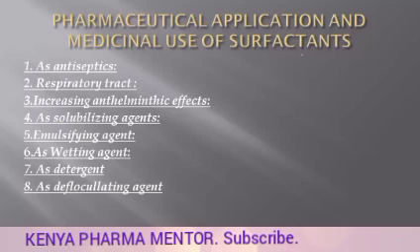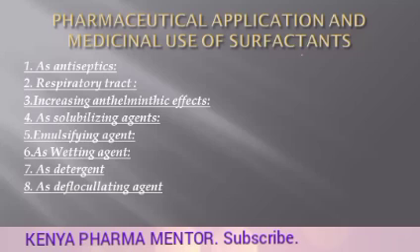The fourth one: when we add surfactant to an emulsion, we know that an emulsion is a two-phase system like oil in water or water in oil. These surfactants have both hydrophilic and hydrophobic properties; they have two parts.